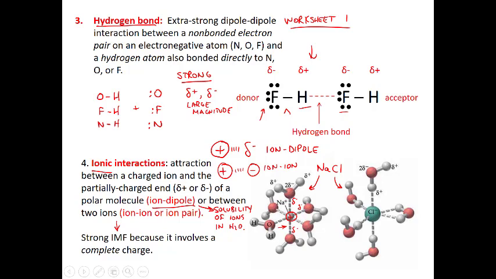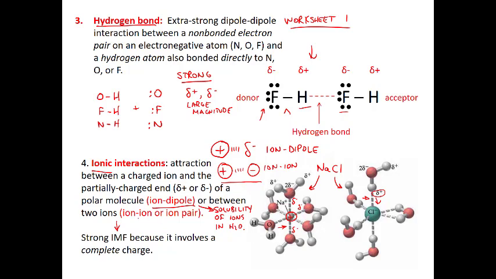And this is a strong intermolecular force. And then for the chloride, it's exactly the opposite. Chloride is negative, and so the water molecules will orient themselves so that the positive end of the dipole faces inward towards chlorine. And again, we have a strong ion dipole interaction in that case. We'll also see in many molecules interactions between a positive ion and a negative ion together.